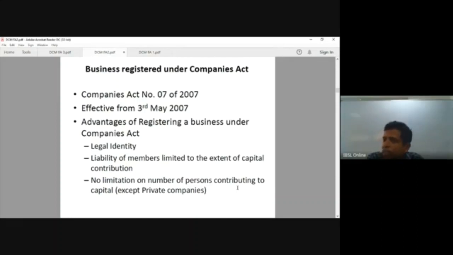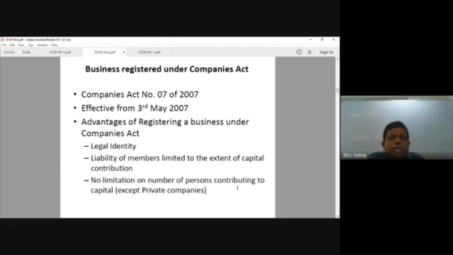Legal entity means in front of law, the company will be recognized as a person. Therefore, the company can take action against any person in its name, or any person can take action against the company in the company's name, and the company can open accounts and acquire properties in its name, right?